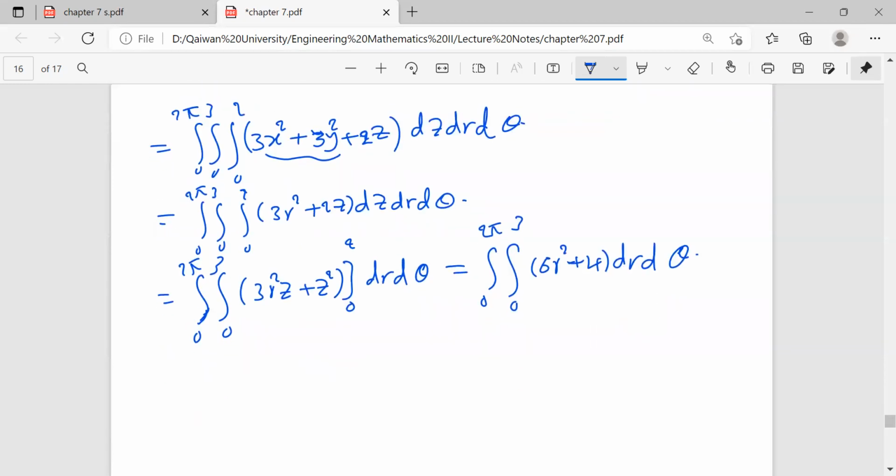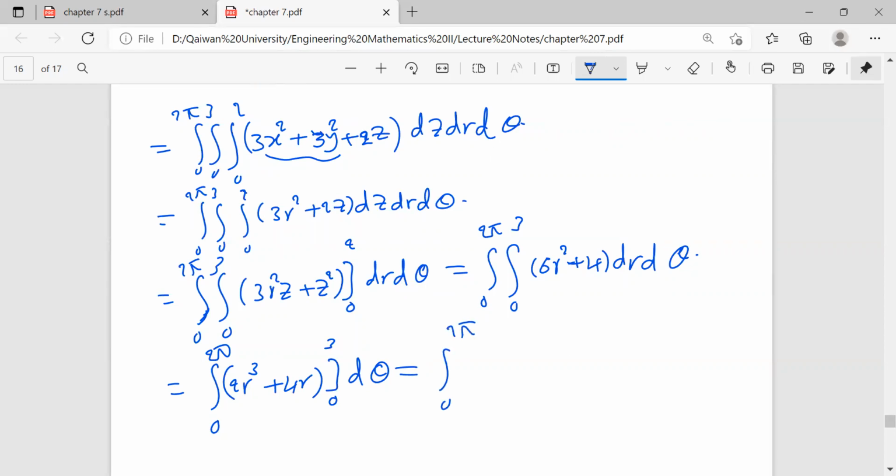Then we take integration with respect to r. We get 2r cubed plus 4r, when r is from 0 to 3, d theta. We still have an integration with respect to theta, from 0 to 2 pi.